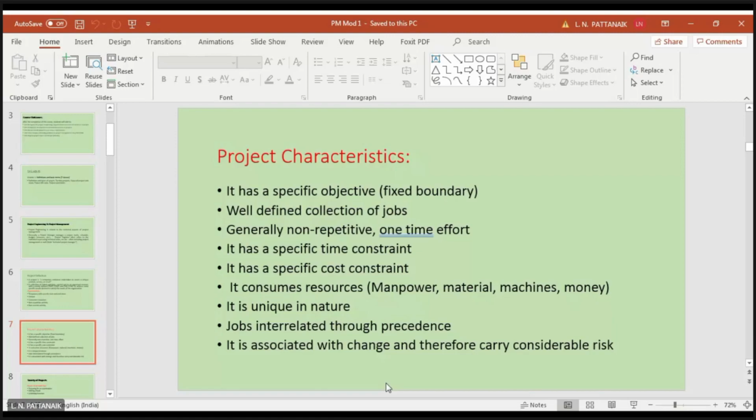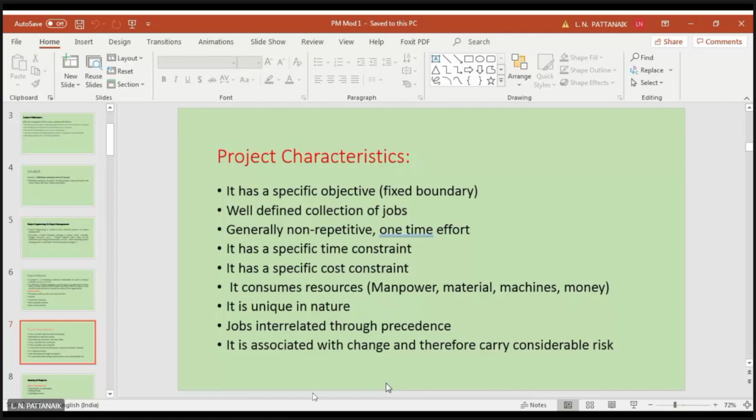Suppose building a house is a project, and assume that for one project you have 1 crore rupees, and for another house you have, say, 50 crore rupees. That is the budget. So you can understand, depending on the budget, your selection of technology, selection of materials, everything will vary, right?